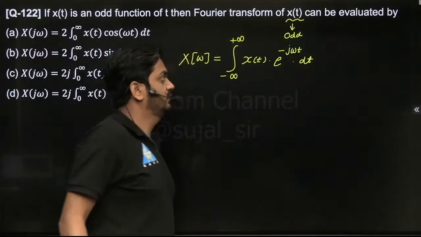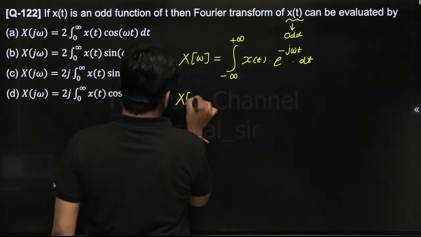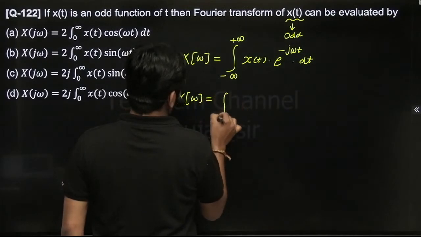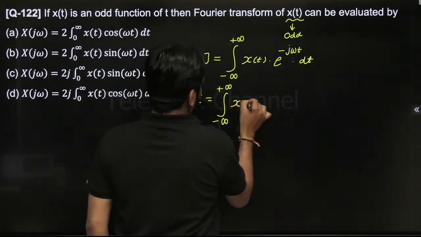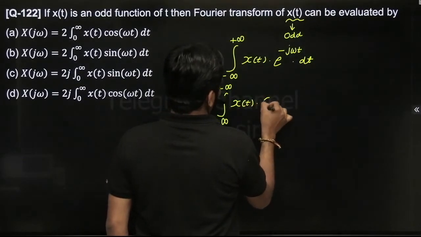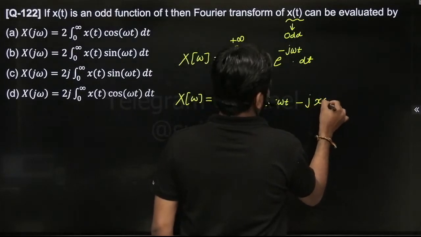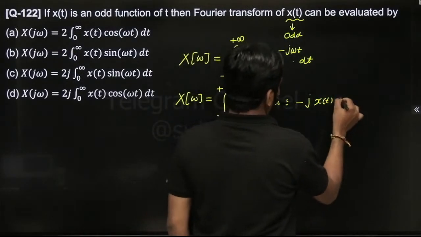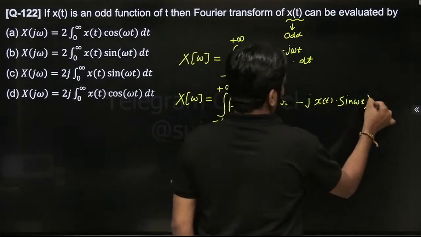Now e power minus j theta is cos theta minus j sin theta. So X of omega will be the integral from minus infinity to plus infinity of x of t cos omega t minus j x of t sin omega t, Euler's form, dt.